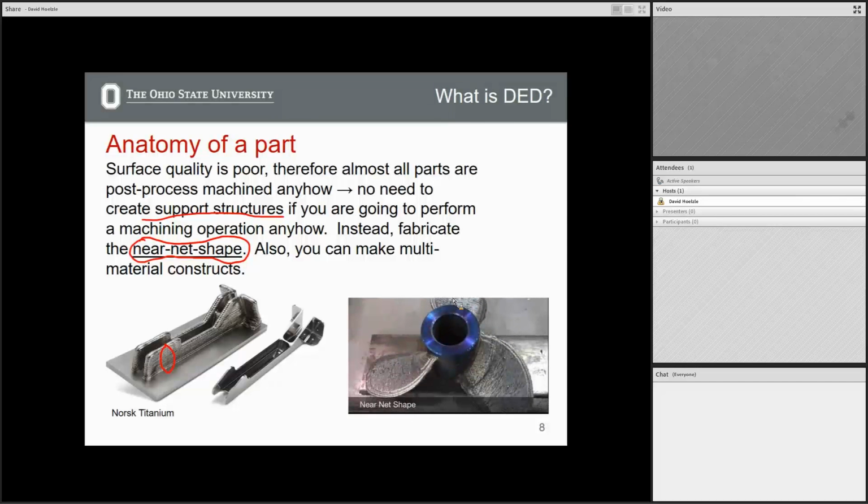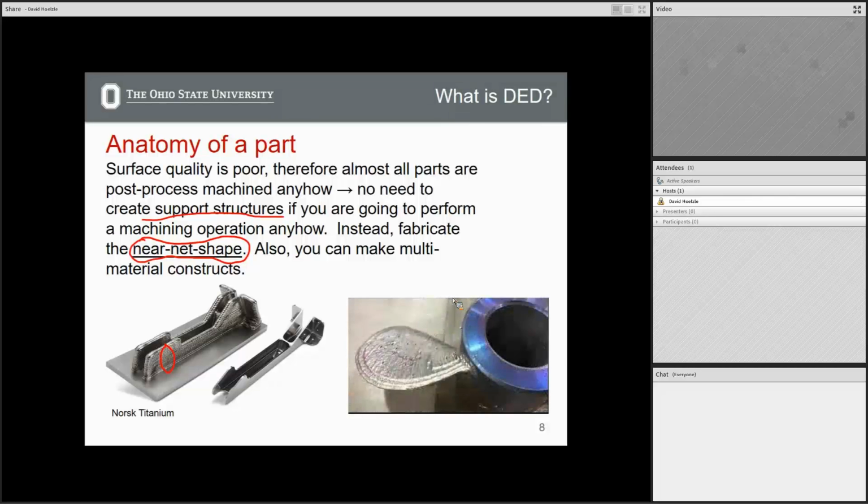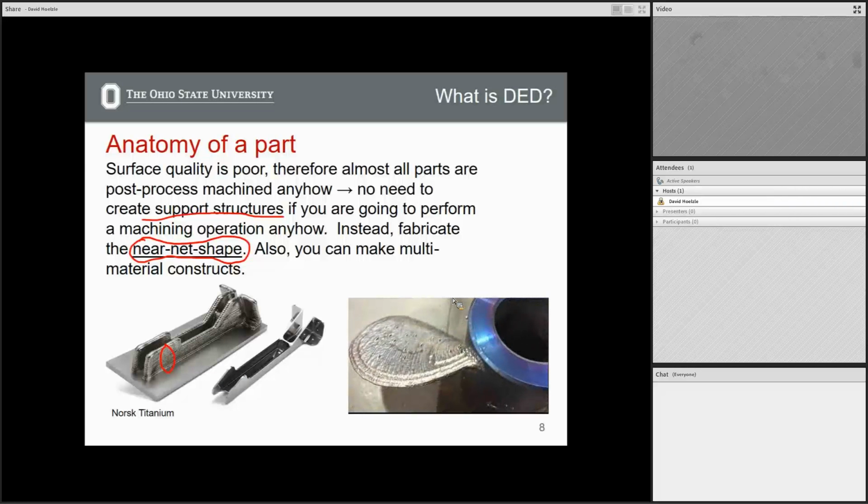So this is an example of this propeller. Very, very rough, and then in a second you'll see it machined to be of finished quality.